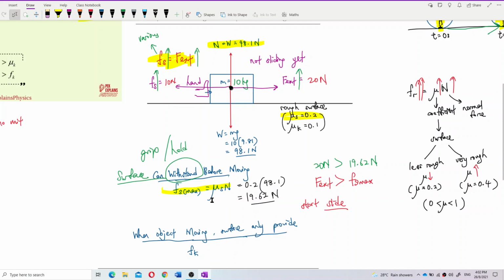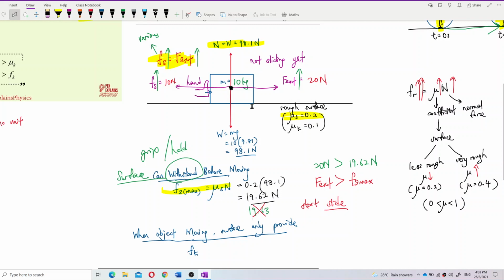It cannot provide 19.63. So the surface is not rough enough. The mu is not high enough to stand a higher external force. Understand?